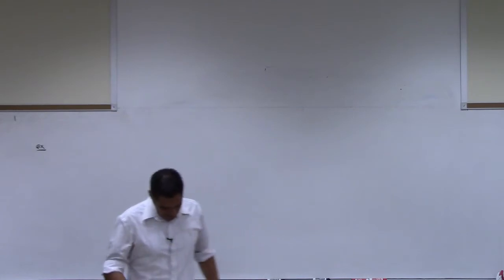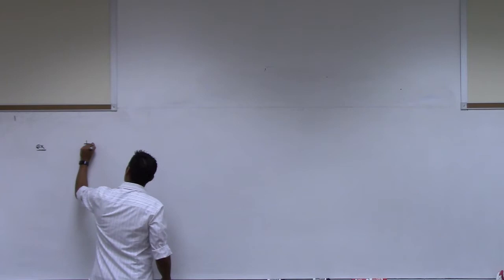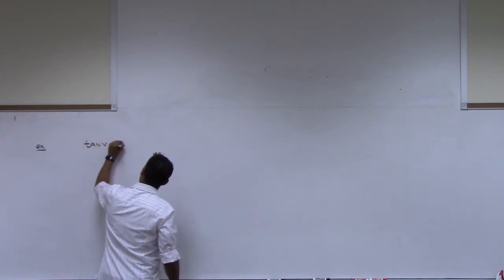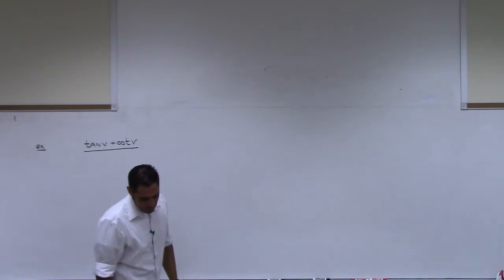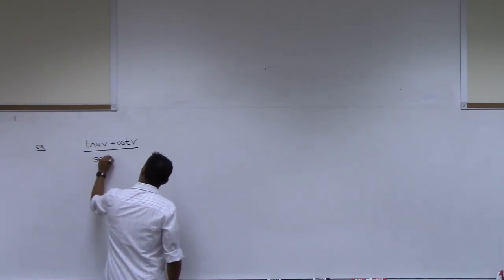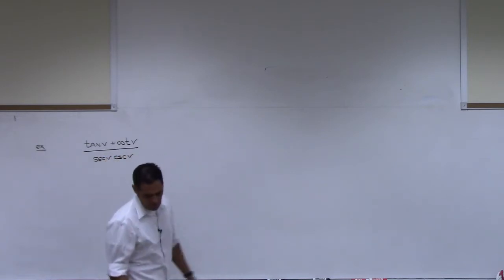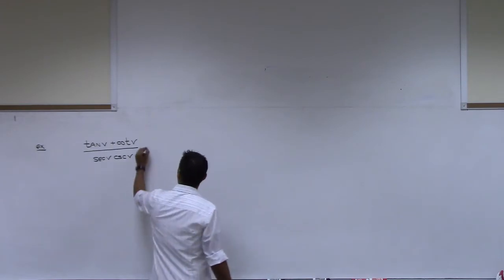All right. Tangent V plus cotangent V over secant V times cosecant V equals 1.